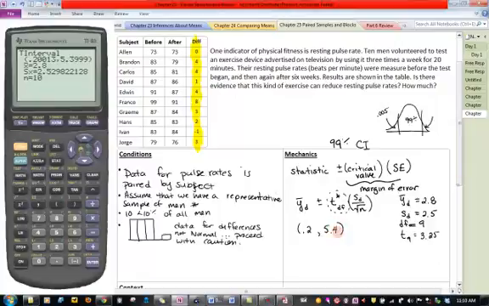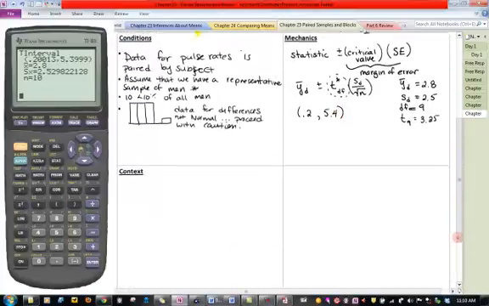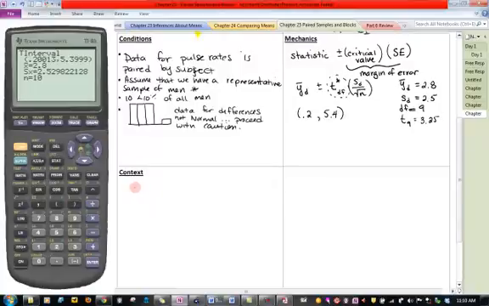In order to put our interval into context, we should recall exactly what it is that we were finding. This is the interval for the differences in resting pulse rates.